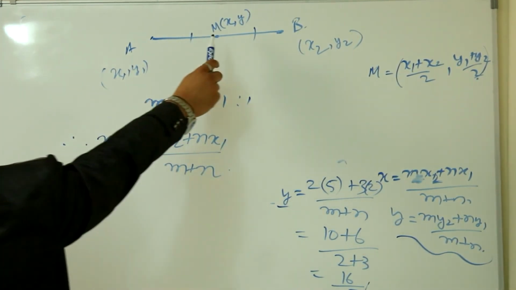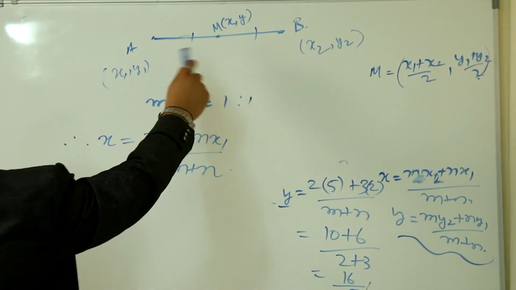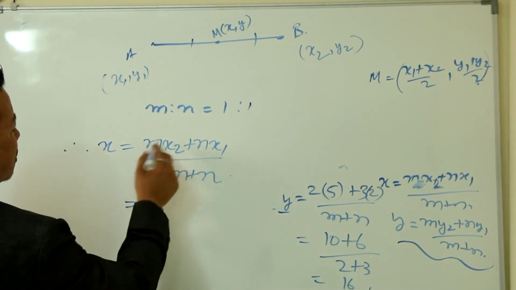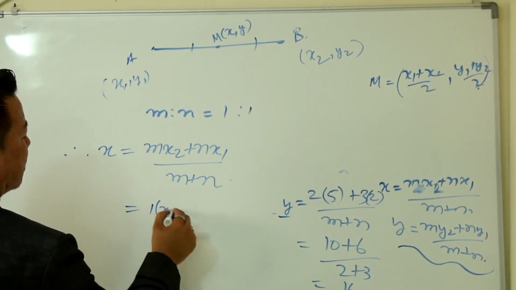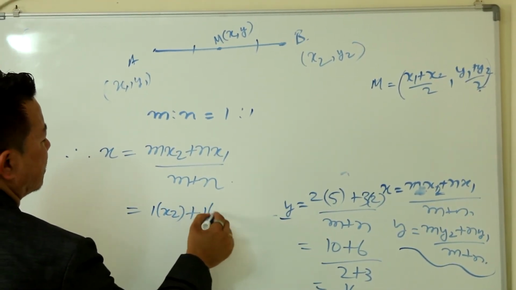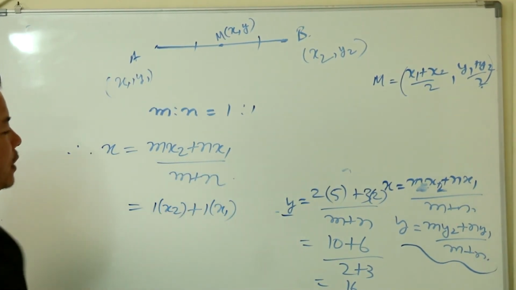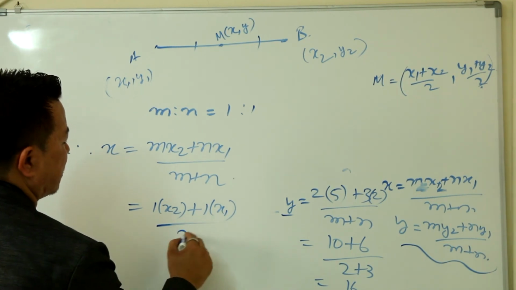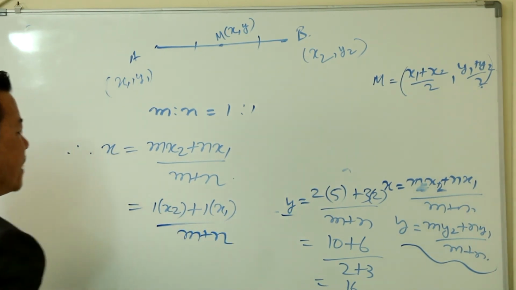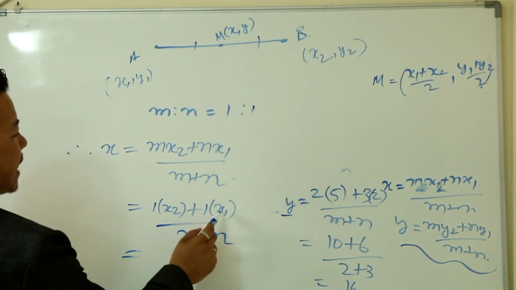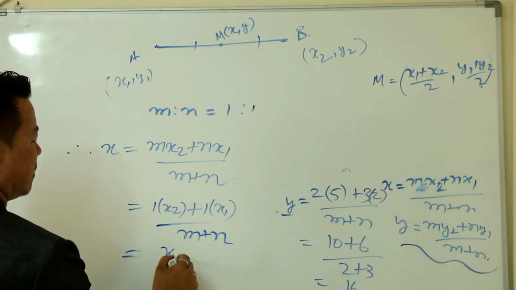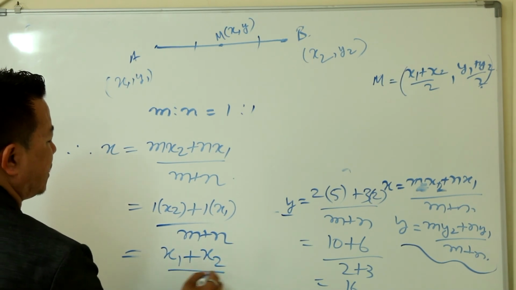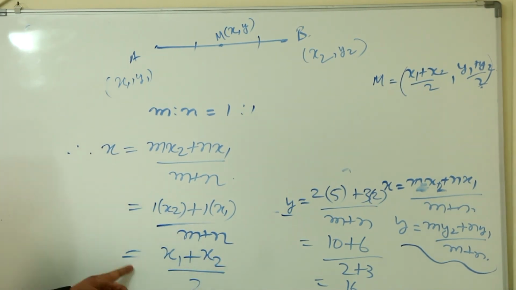Since the ratio is 1:1, we replace m and n by 1. So x1 into 1 is x1, plus x2 into 1 is x2, divided by 2. This way we got the value of x.